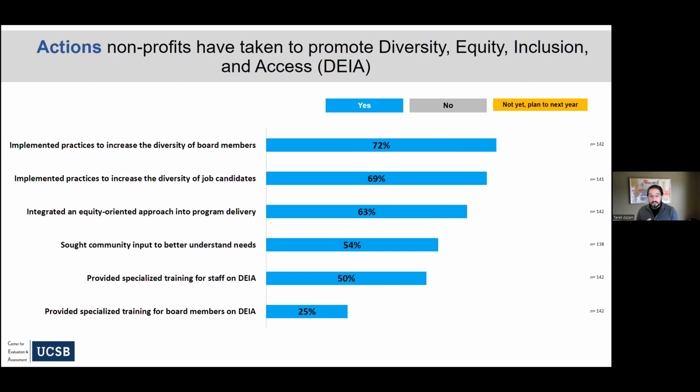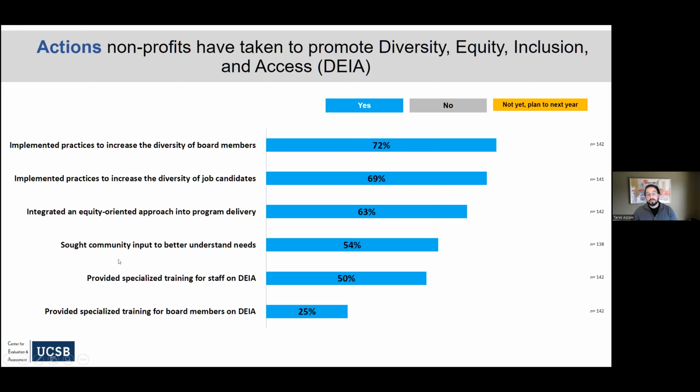And then there are other activities. Some are focused on the actual staffing, implemented practices to increase diversity of job candidates. Some focused on how the services were being implemented or delivered to the various stakeholders. So they integrated an equity-oriented approach into program delivery.